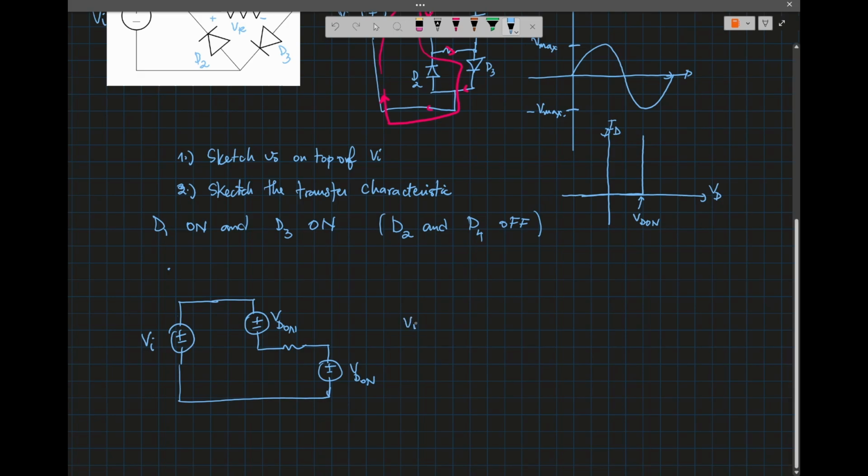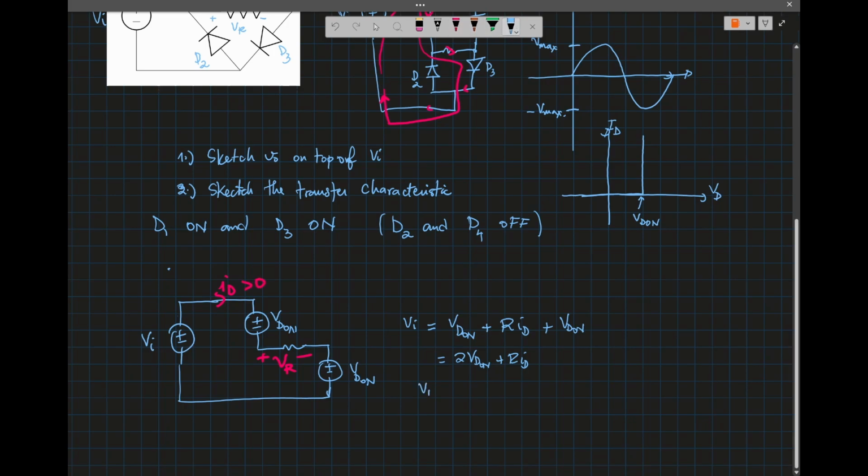So we have Vin, and we write our KVL: Vin equals VD on, plus the voltage across the resistor, R ID, plus VD on. So it's 2 VD on plus R ID. We know that ID in this condition must be positive.